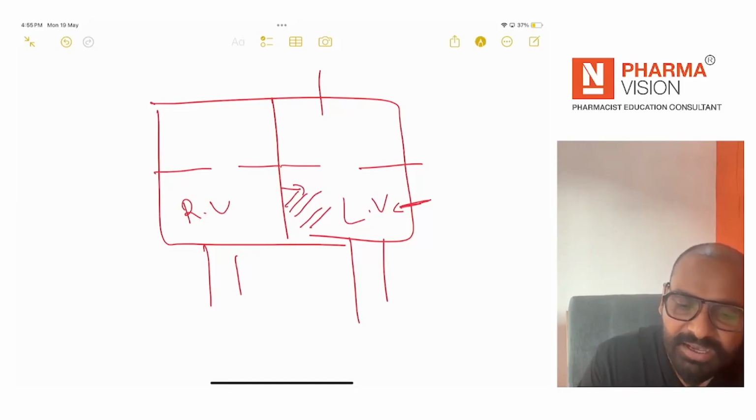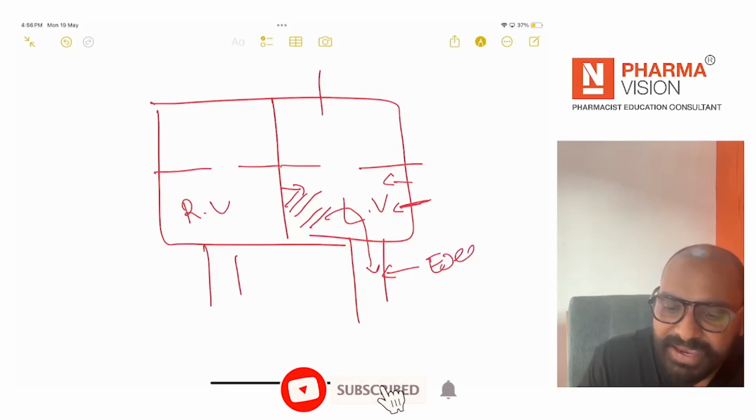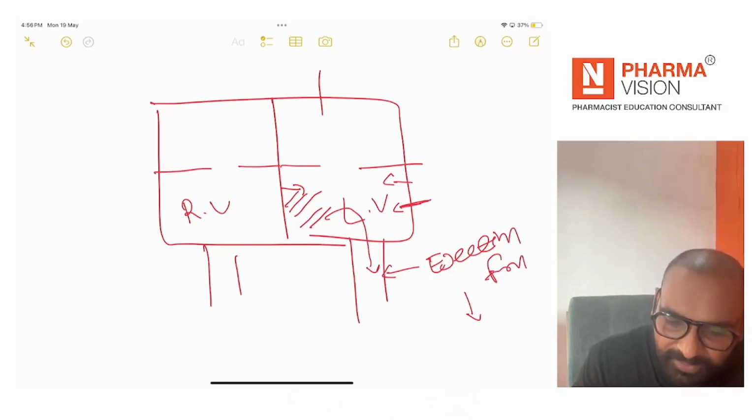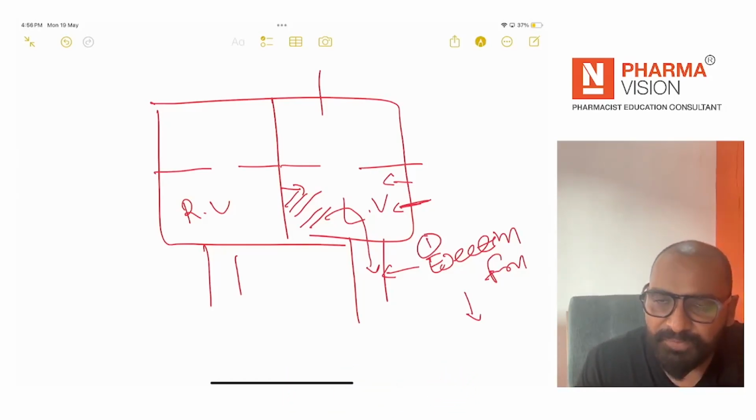These muscles are not pumping properly, so the blood is not getting out. That is called the ejection fraction. The ejection fraction is reduced. Now, the first term is ejection fraction.